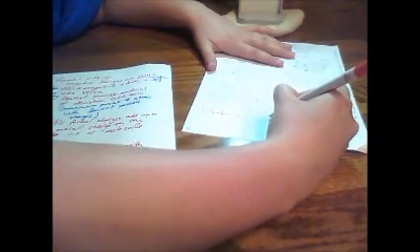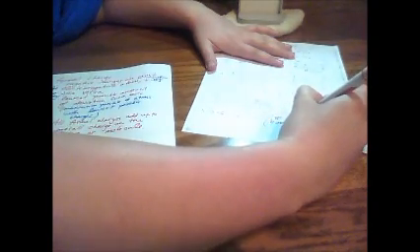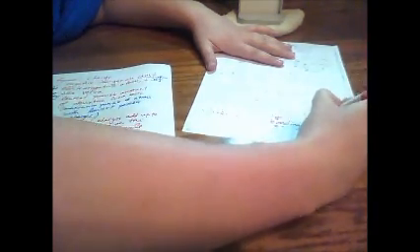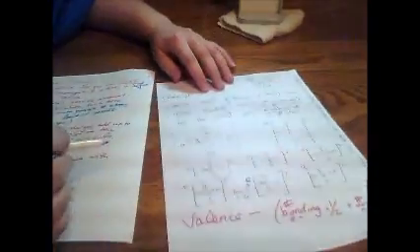We know the formal charge is valence electrons minus number of bonding electrons times 1/2 plus number of non-bonding electrons. Please don't get non-bonding confused with anti-bonding from our molecular orbital theory. Okay, they're not the same thing.